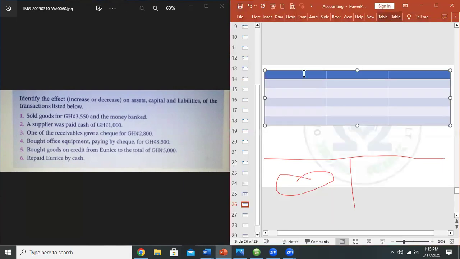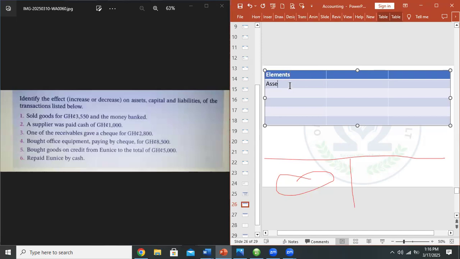Okay, so you all appreciate that we've gone through assets, liabilities, capital, and I also added expenses and income. So let's get these elements of accounting.